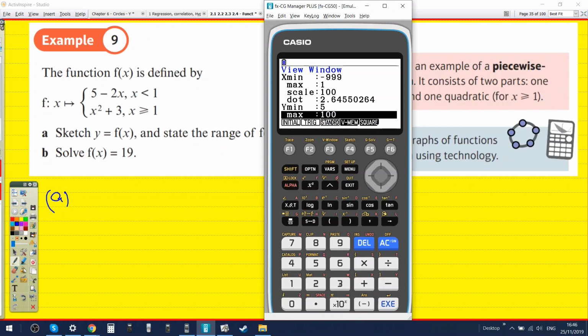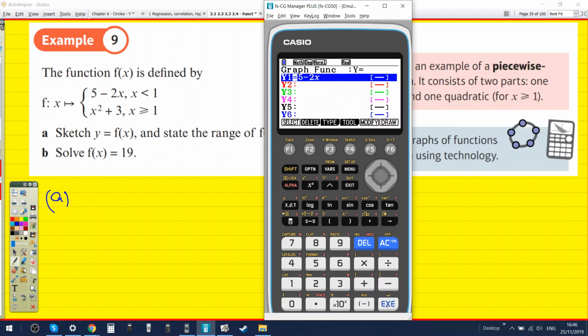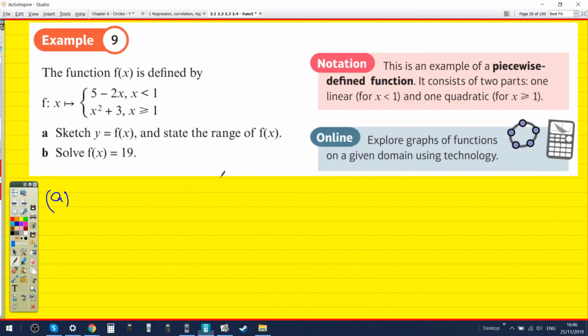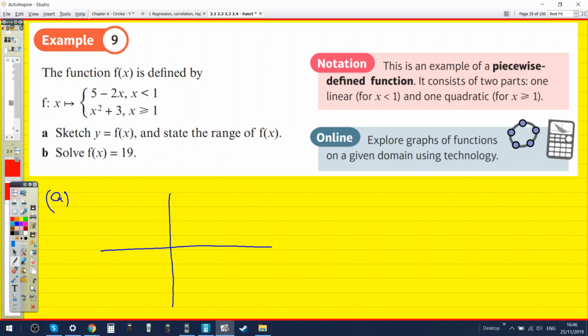So the range for that one would be, for the range for the 5 minus 2x, would it be y has to be bigger than 5? So I think for this one, if you were to just normally sketch that graph, it would look something like that.